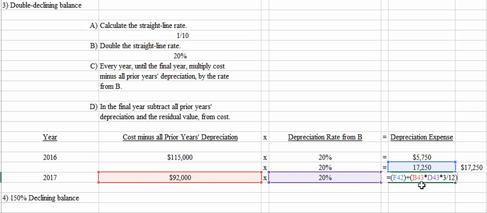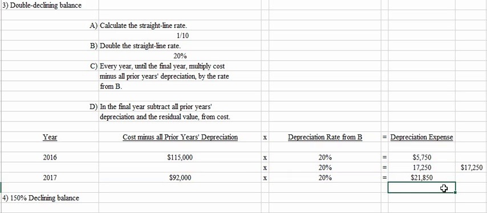This part, the B43, which is your 92,000 times your 20% rate times 3 months over 12, gets you depreciation expense for those last 3 months of 2017. So 2017's depreciation expense is going to be $21,850.